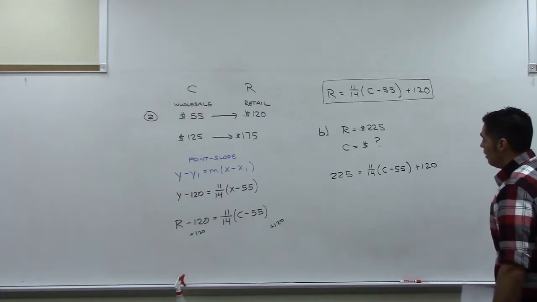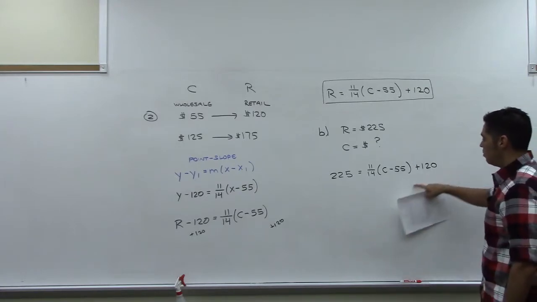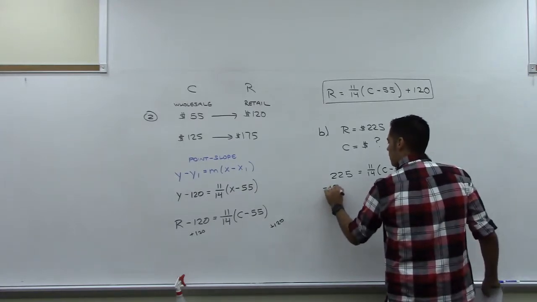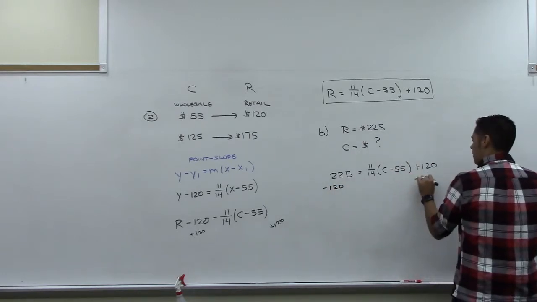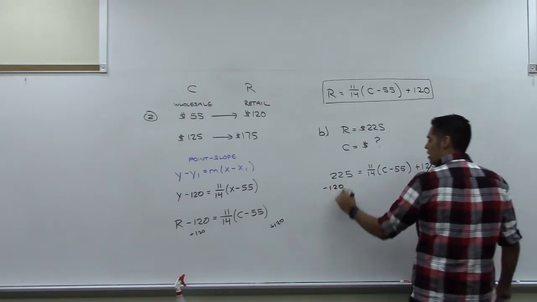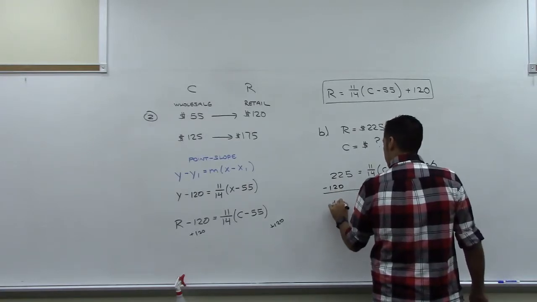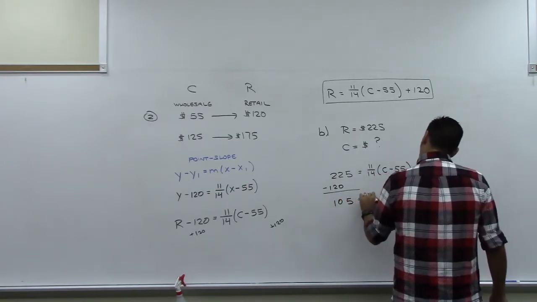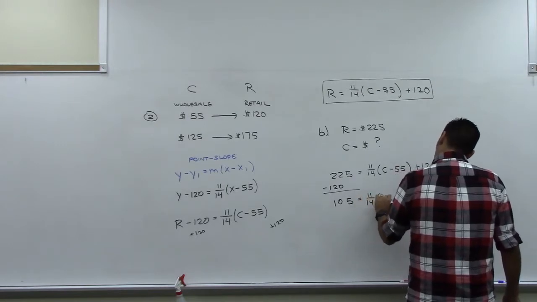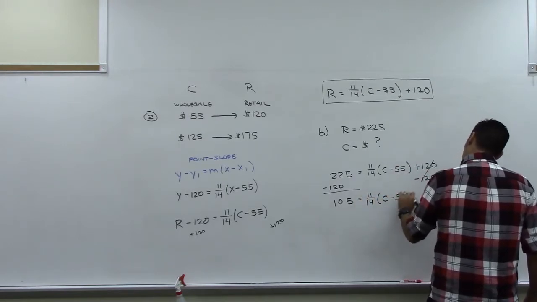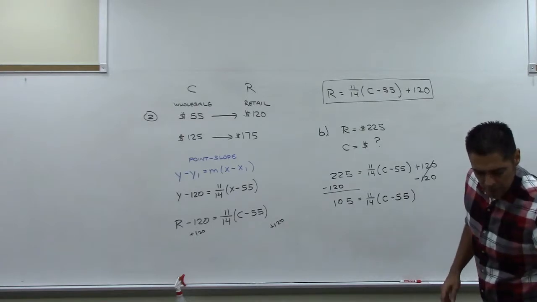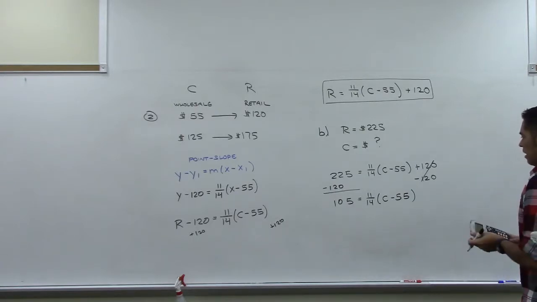So what I'll do now is subtract 120 from both sides. I'm going to try and solve for C. So that's gone. And then this right here, what do you get here? 105 equals 11/14 C minus 55. Okay, this is going to get a little weird now. We're going to get some decimals.